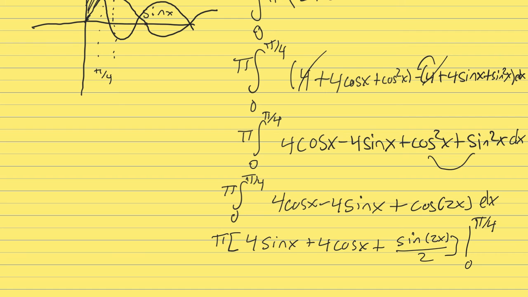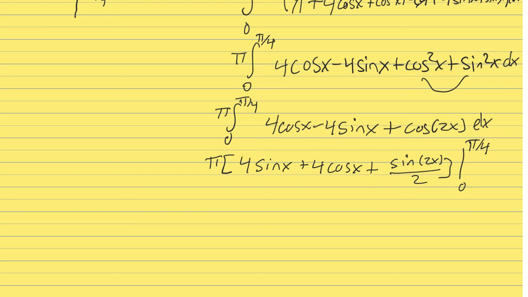Now if we scroll down, we can keep going and evaluate it at the limits, so it'll be pi times 4 times sine of pi over 4, which is square root of 2 over 2 from the unit circle, plus 4 times square root of 2 over 2, same with cosine, plus sine of 2 pi over 4 over 2, which is just going to be 1/2.